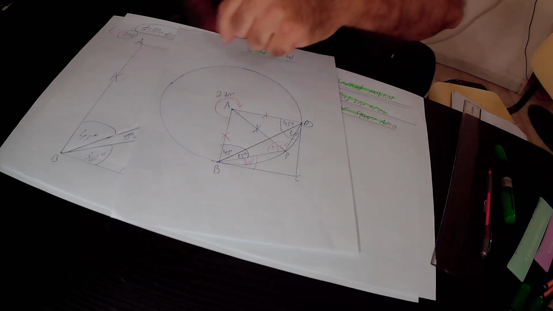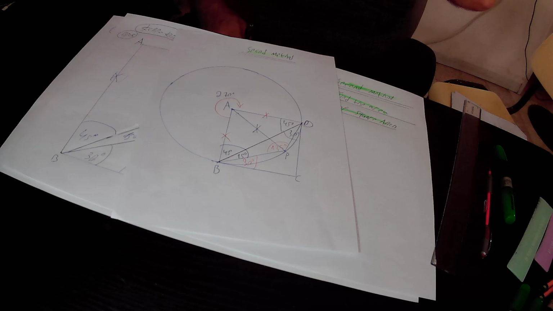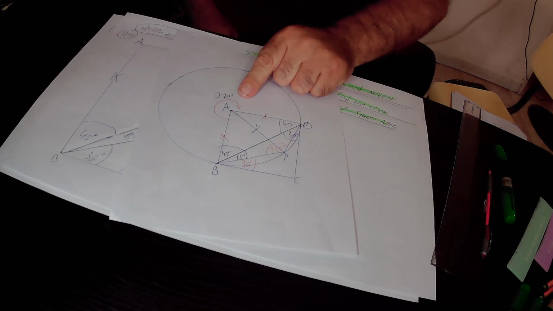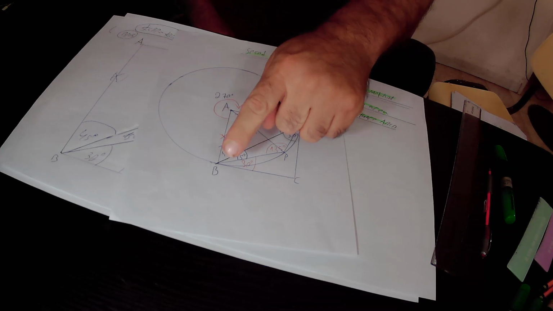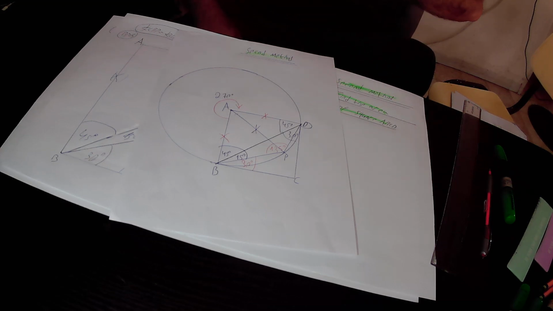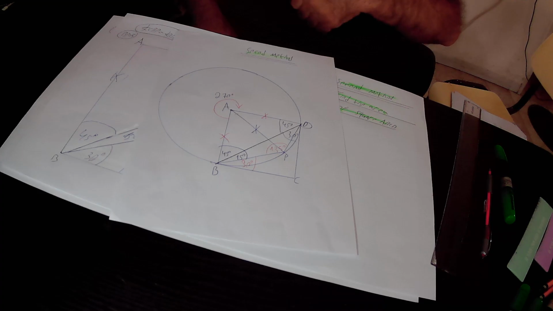So actually, this is the circle that we draw around square ABCD. As I mentioned before, point A is the center of the circle, AB is the radius, AD is also the radius. The radius of the circle is equal to the side length of square ABCD. AB is the radius of the circle.